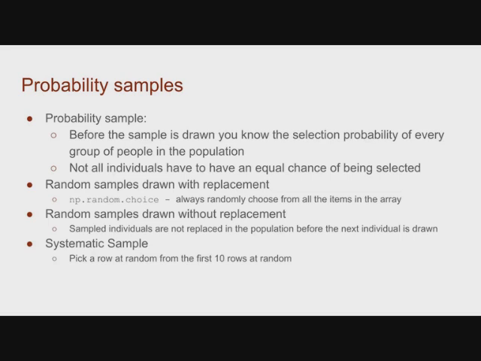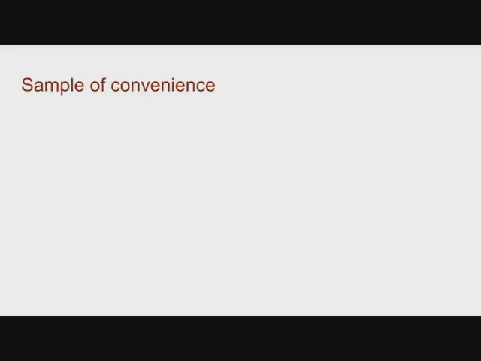One way to think about that is you pick a row at random of our table, and then once you've made that random selection, you pick every 10th row after that, right? The key here is that it's systematic in the sense that you've predefined what you're doing, but it is random because you're picking the first row at random from that sample.